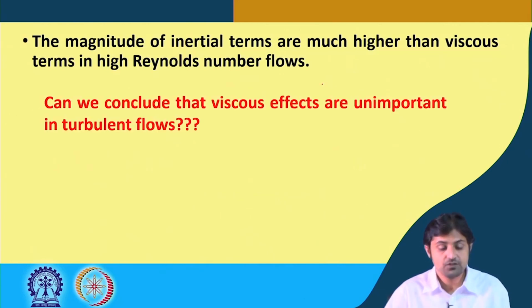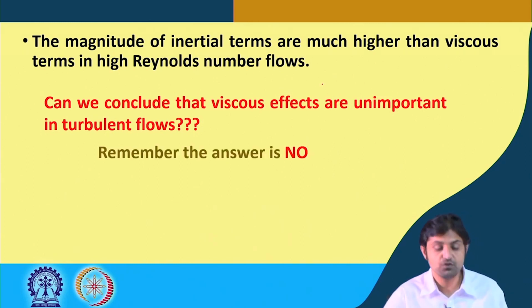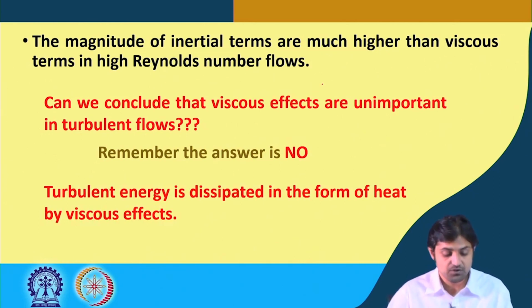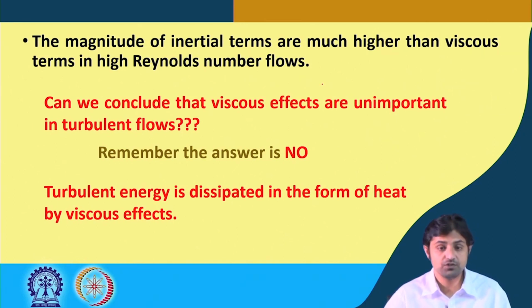So can we conclude that viscous effects are unimportant in turbulent flows? No, they are very important, because turbulent energy is dissipated in the form of heat by viscous effects. Therefore the viscous effects are very important in high energy turbulent flows.